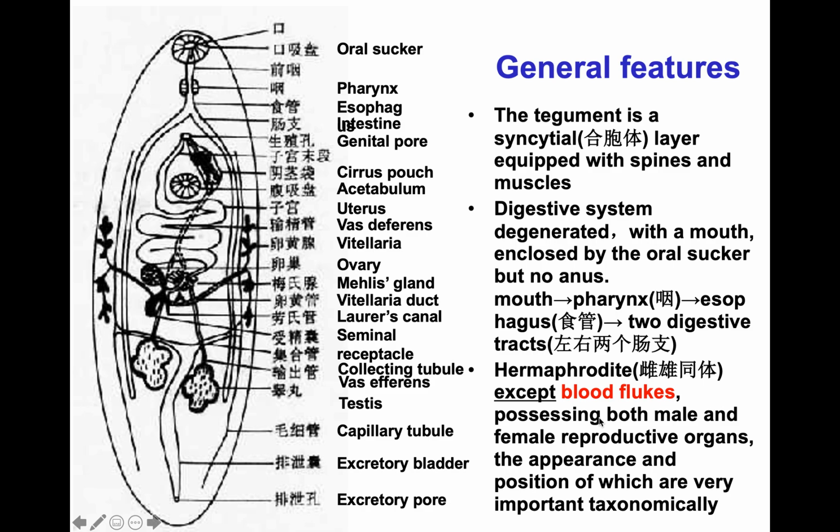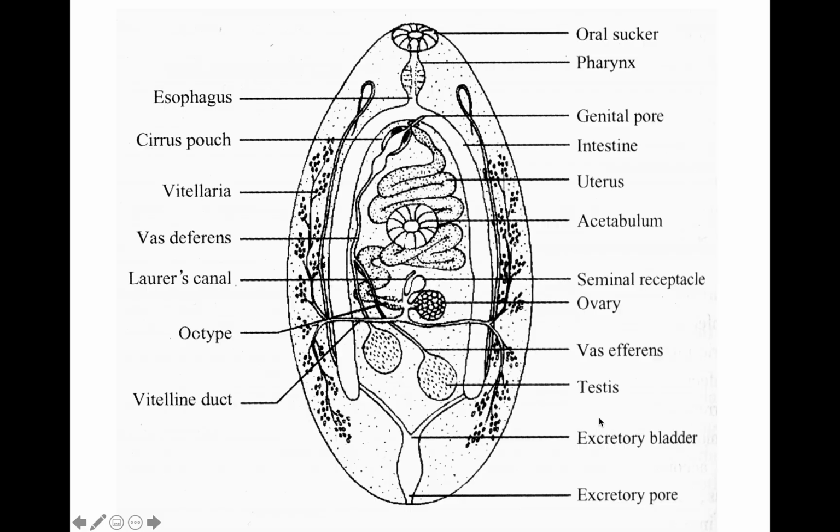The other 3 we are going to talk about are hermaphrodites, while for the blood fluke there's a female and a male. So this is the difference. This is the body of the other 3. You can see they have the ovary and the testes at the same time. They have an oral sucker, and they have an excretory pore.